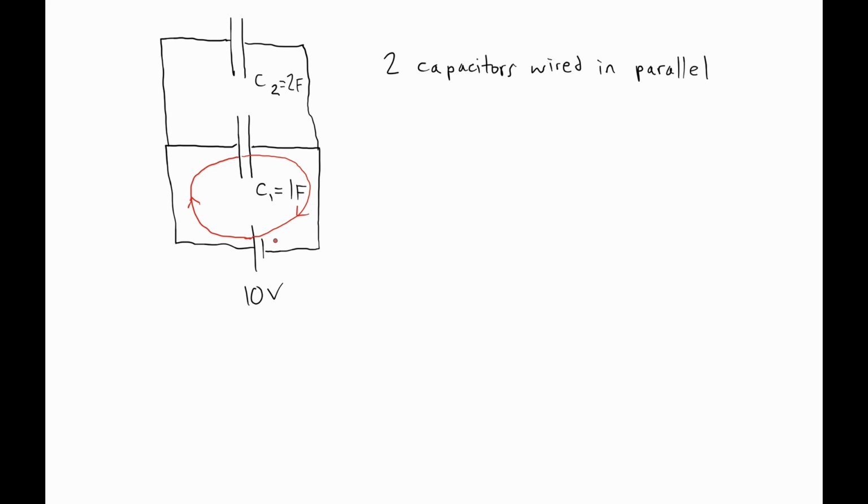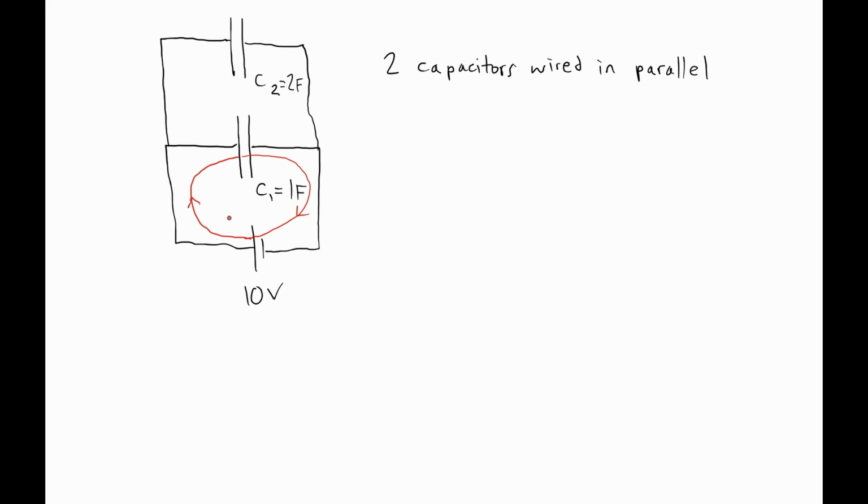So, in going through this first loop here, we would gain 10 volts of potential when we go through the battery. And you don't lose hardly any in the wires, especially if there's little to no current. And you've got to lose that 10 volts somewhere.